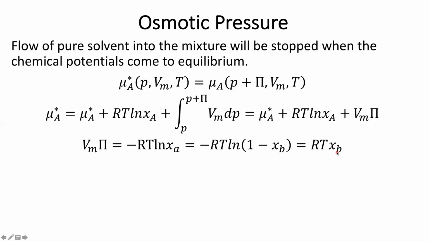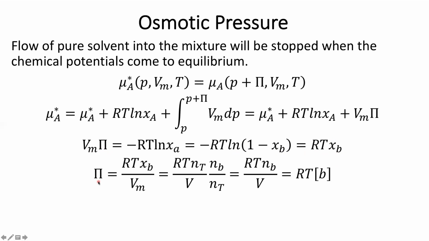So now we have a rather simplified set of equations where I'm going to have the molar volume times the osmotic pressure equals RT times the mole fraction of the solute of interest. So essentially how contaminated the system is. Now what we can do is actually rearrange the system a little bit more, as I'm going to be solving for the osmotic pressure of the system.